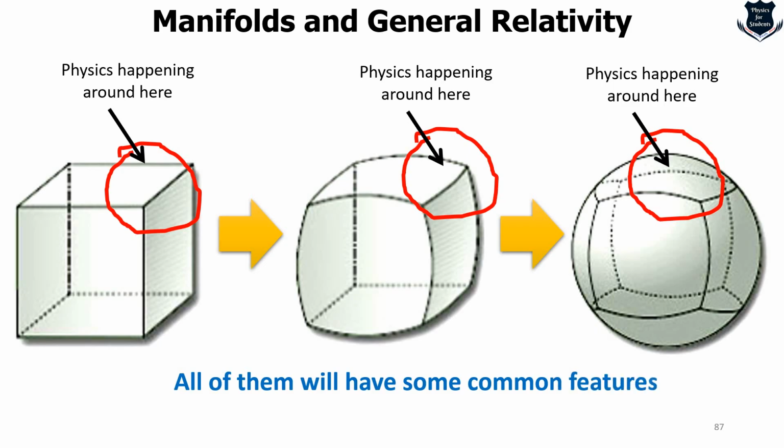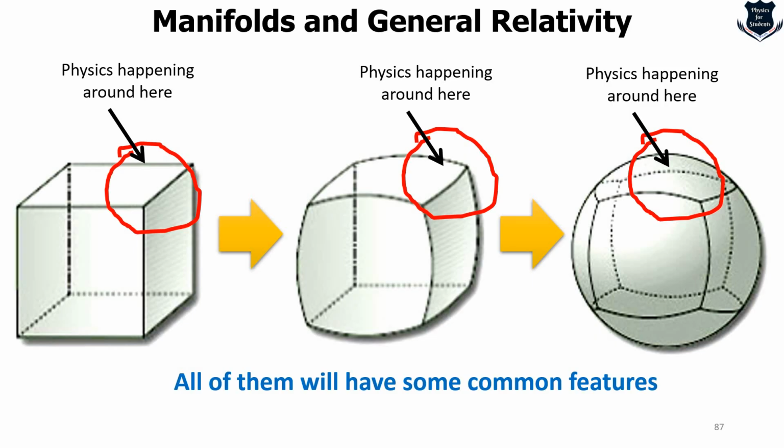So because all of them are manifolds and they are homeomorphic, you will understand that the physics happening around there also shares some common features, and that gives a tremendous advantage for mathematicians and physicists. If we learn one surface, we can understand the physics of the other surfaces also, because they are locally homeomorphic.